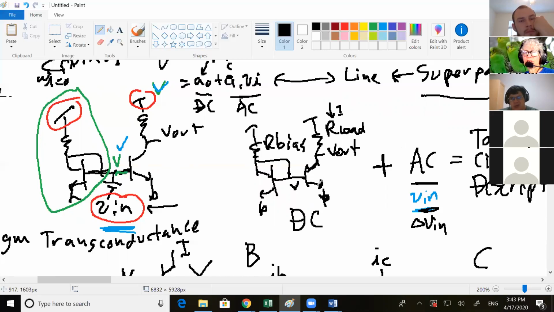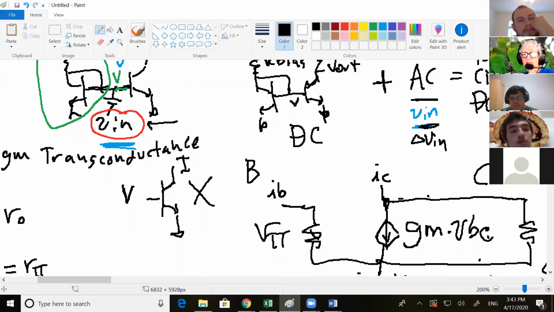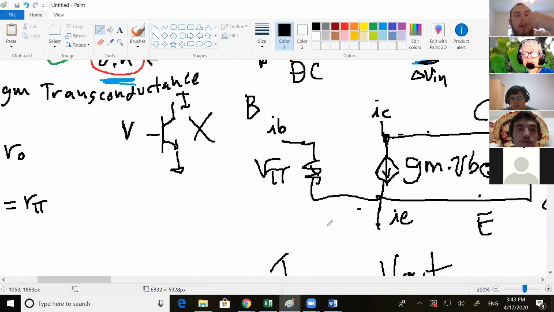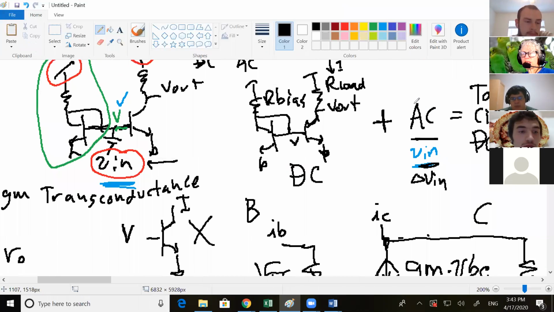So this is not good anymore. Okay, and last time we talked a little bit about it, but we need a model for the transistor that just tells you when I move this node this much, how much does this other node move?